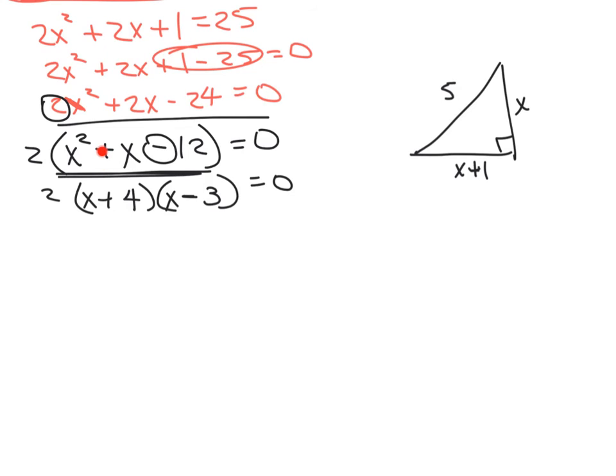And I've got a plus sign here, so my biggest number has to be positive. So that tells me where the positive goes. So I've got x plus 4 equals 0, and x minus 3 equals 0. So x equals negative 4 and x equals 3.